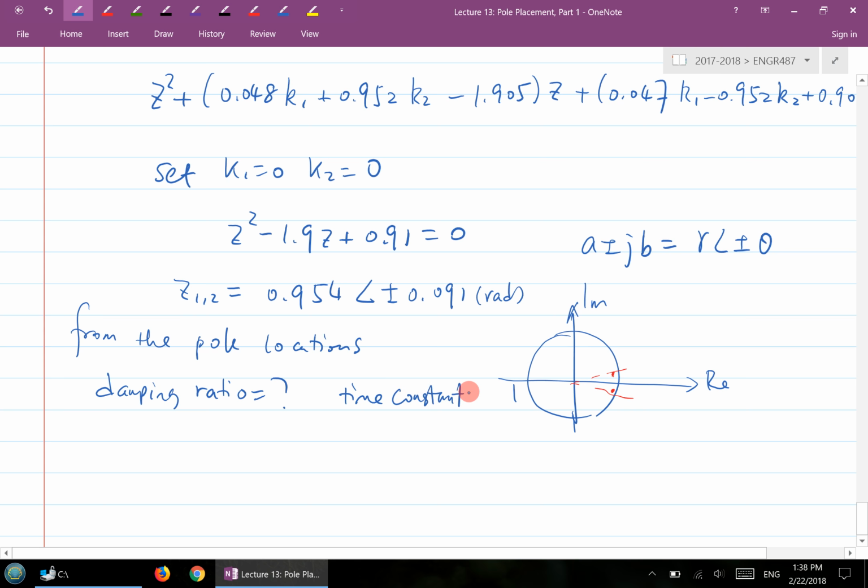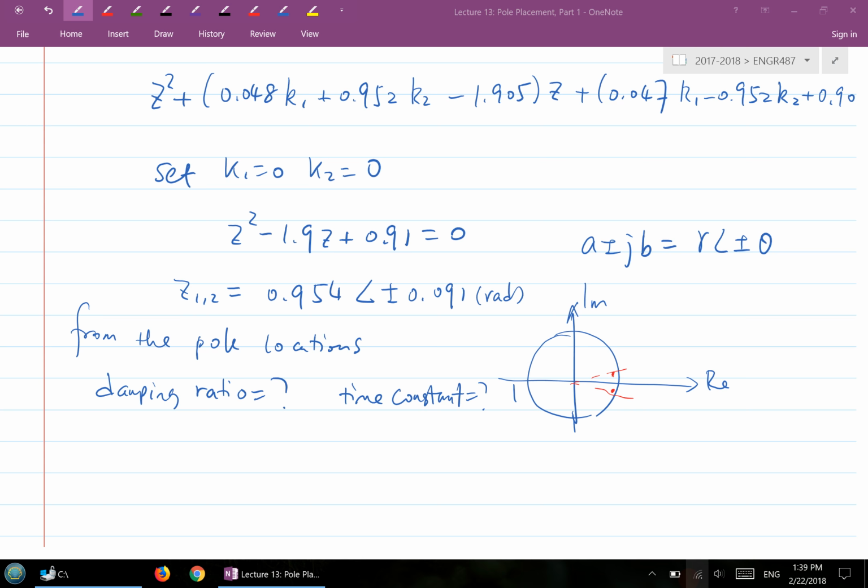We're going to establish the connection between the pole locations and the corresponding damping ratios and time constants. That way, when you look at a pole location, you will be able to say that corresponds to this much damping and approximately that much of a time constant. That tells you how much oscillation you would expect, and how fast a response you would expect.